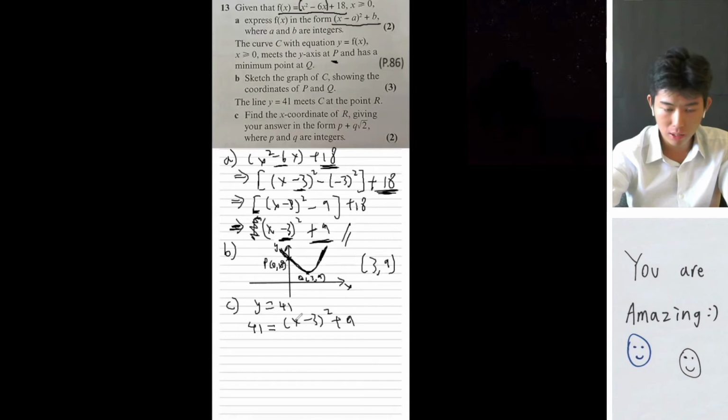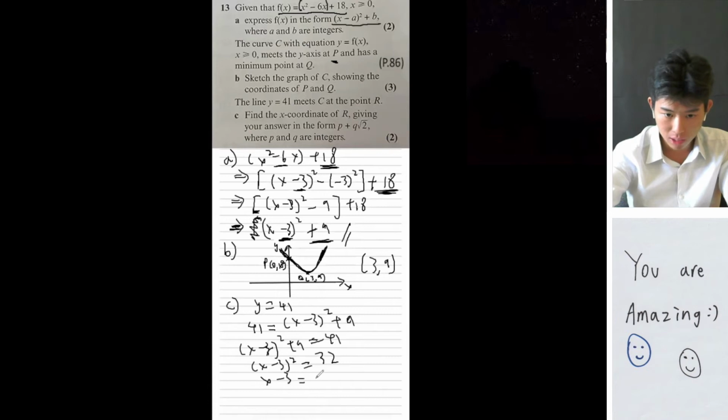And I am gonna swap these two things first. X minus 3 square plus 9 equals to 41. Okay, so x minus 3 square equals to 32.